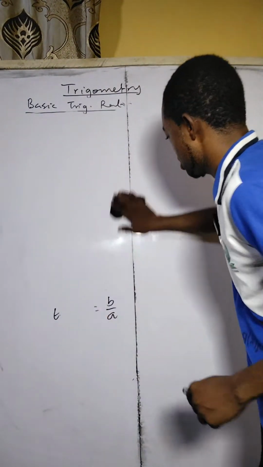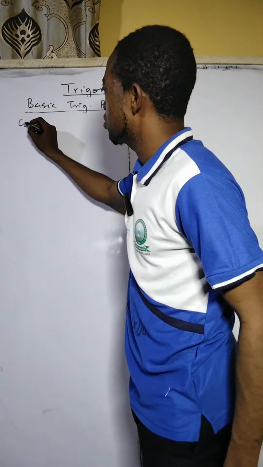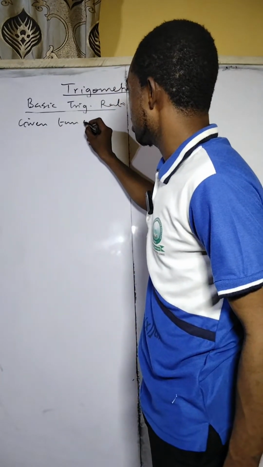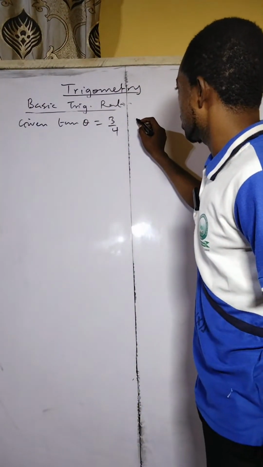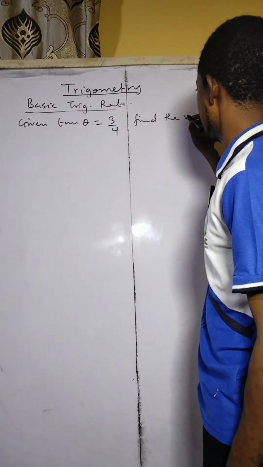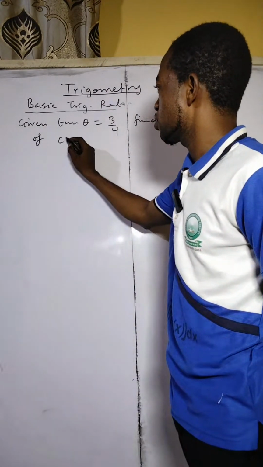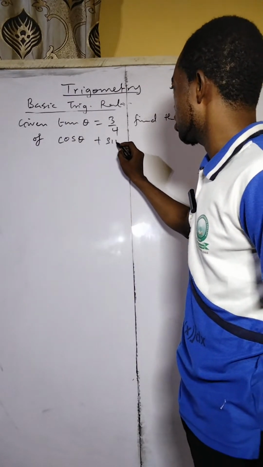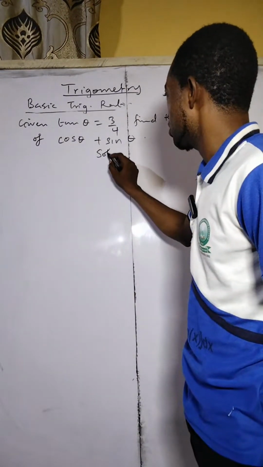Given tan theta to be 3 over 4, find the value of cos theta plus sin theta. Let's use this as an example. Solution from here now.